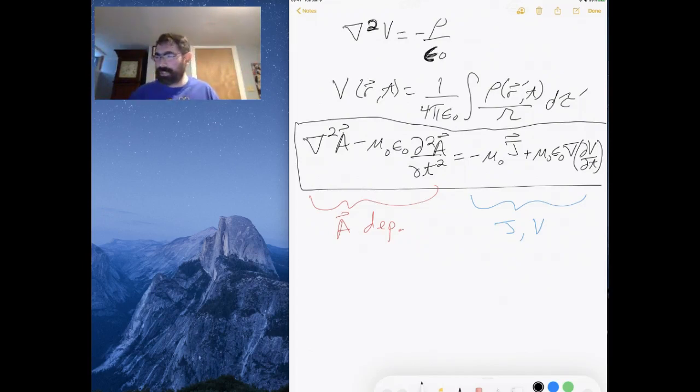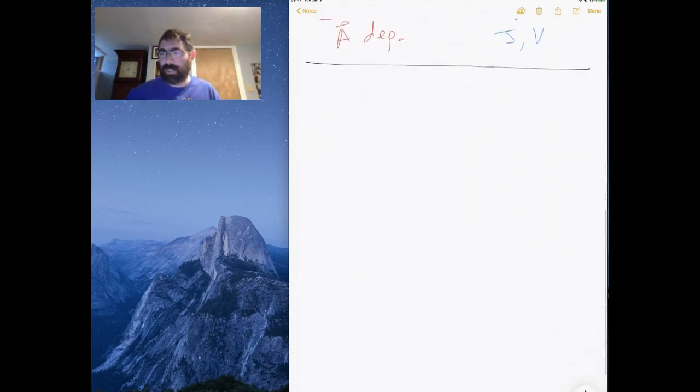The next gauge, which we can take a look at, is the Lorentz gauge.